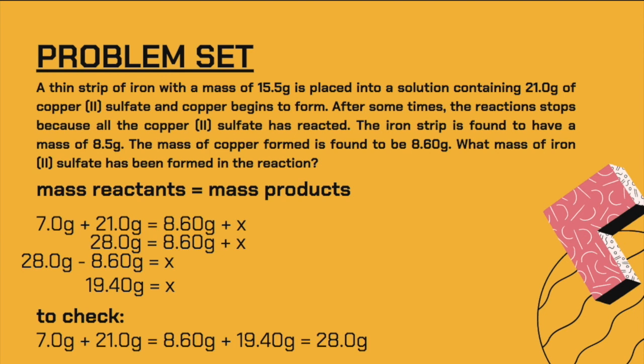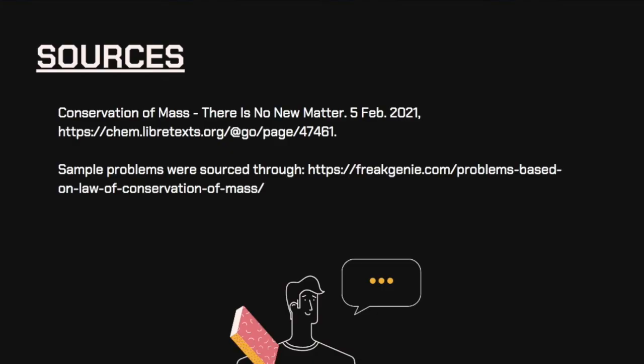So again, to check, we simply substitute the value of x that we got into our original equation. So 7.0 grams plus 21.0 grams is equal to 8.60 grams plus 19.40 grams. So both sides of the equation equal 28.0 grams. So it simply follows the law of conservation of mass, which is mass of reactants is equal to the mass of products.